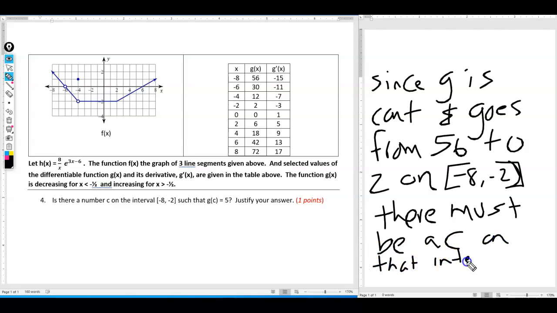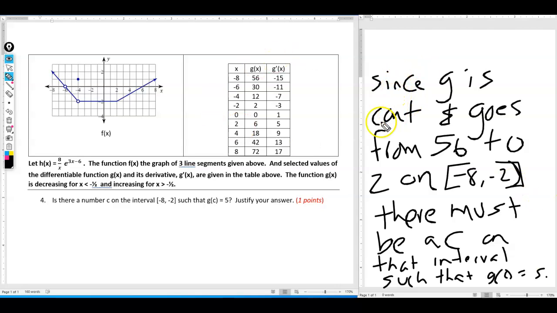You have to state it's on that interval, such that g of c equals 5. Okay. And that would be good enough.